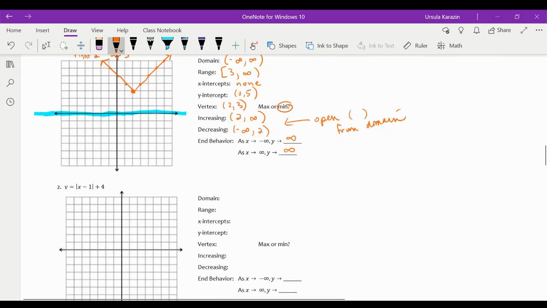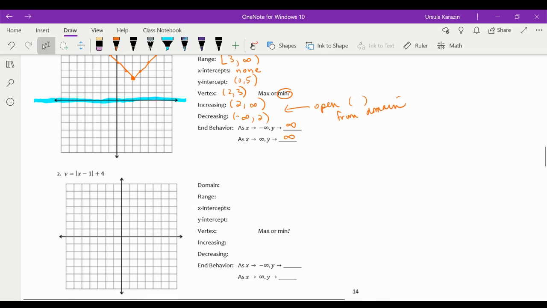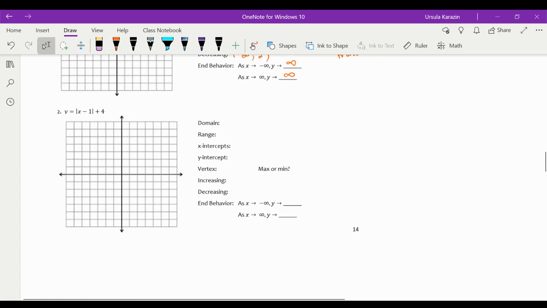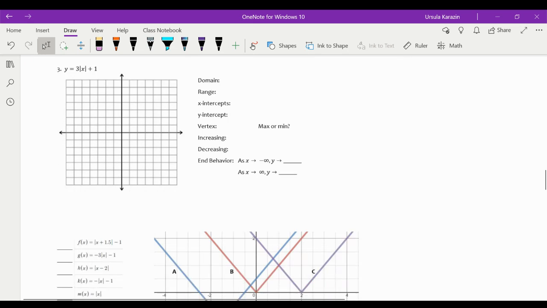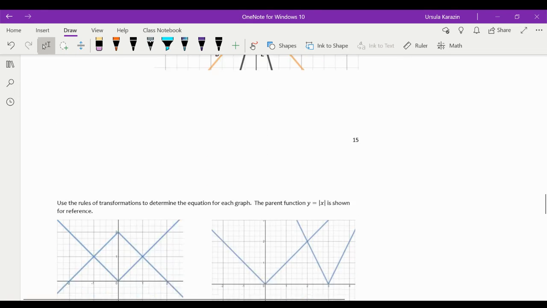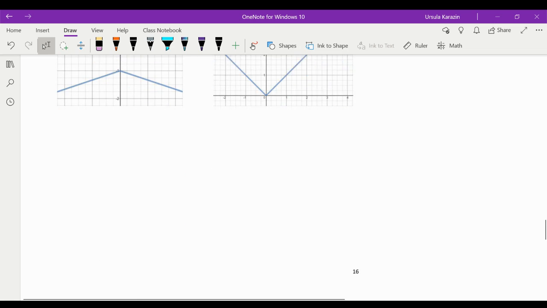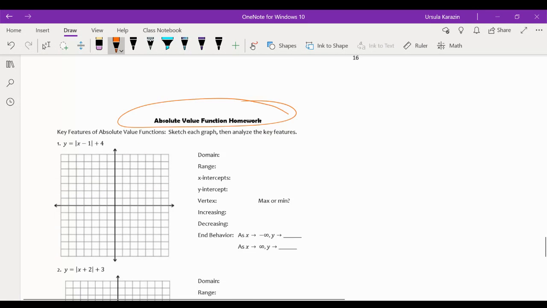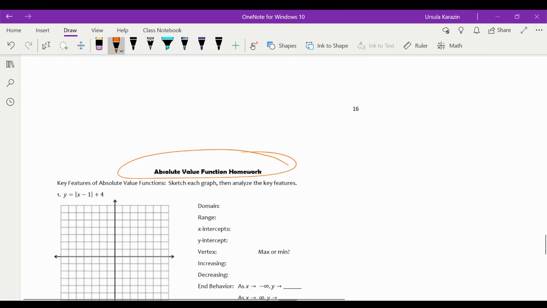So what I'm going to do is I'm going to leave you now, and you will finish number 2 here and number 3 and do these problems, all of these. For a grade, you have the homework. So I will check page 17 for a grade.